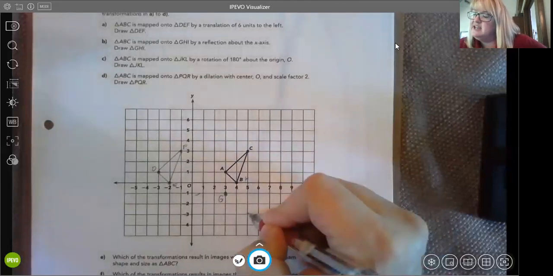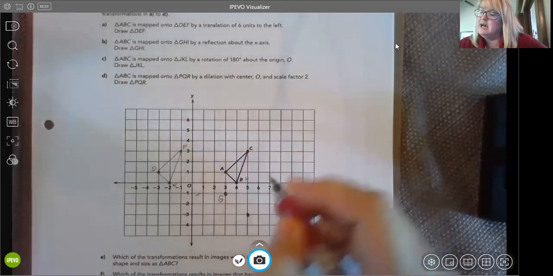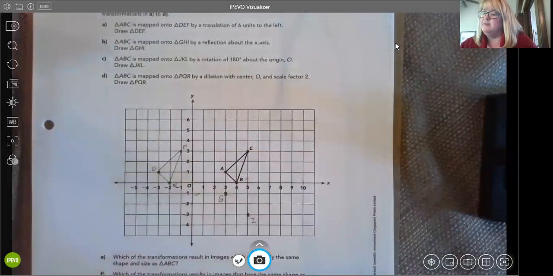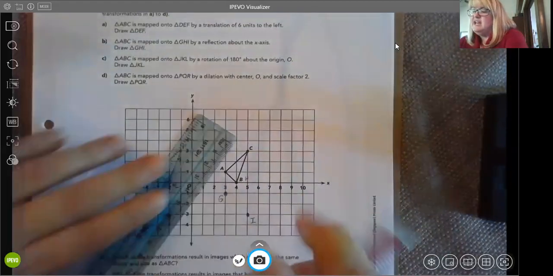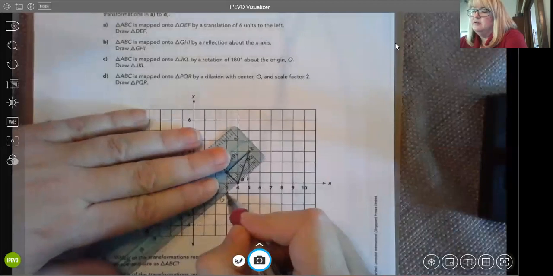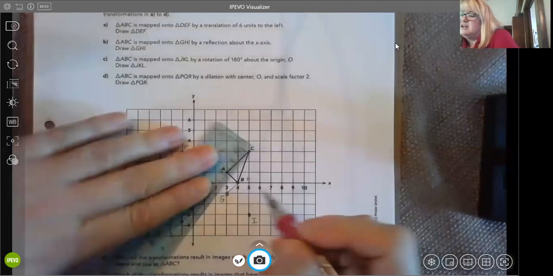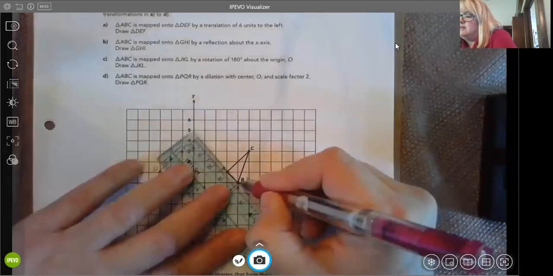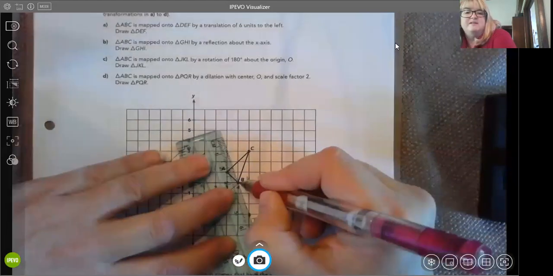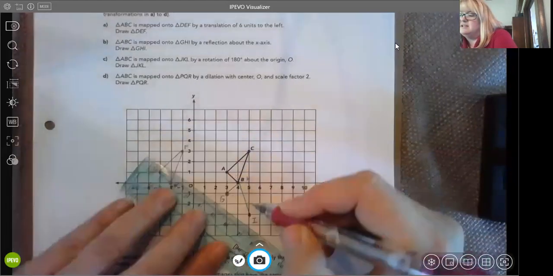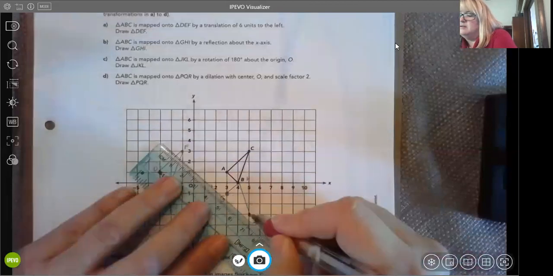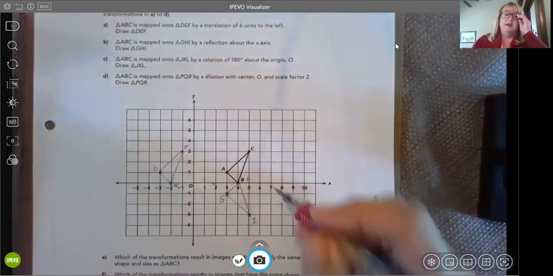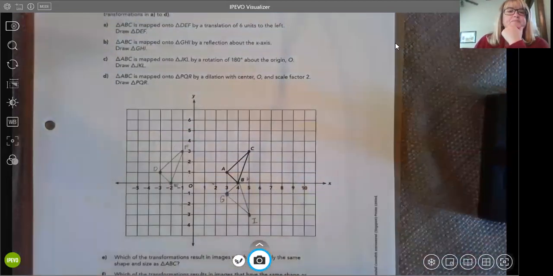And instead of C, we need to call that I. And then we connect them. G to H, H to I, and I back to G. All right, so there's the reflection.